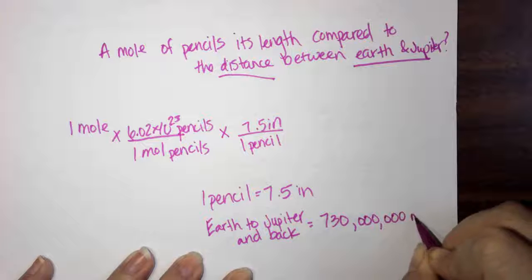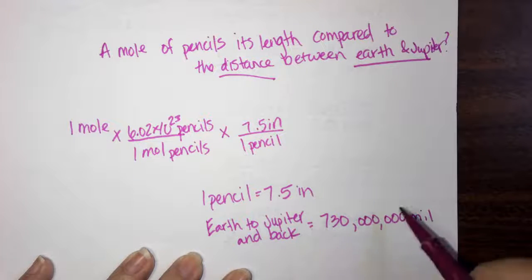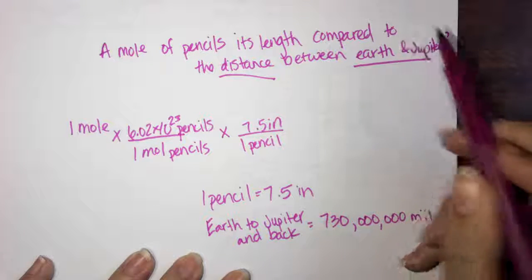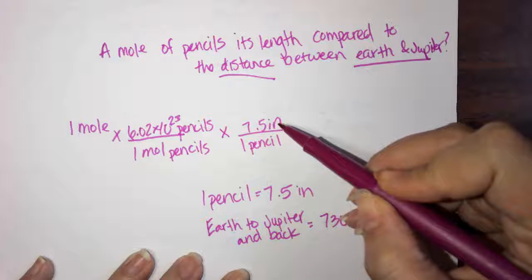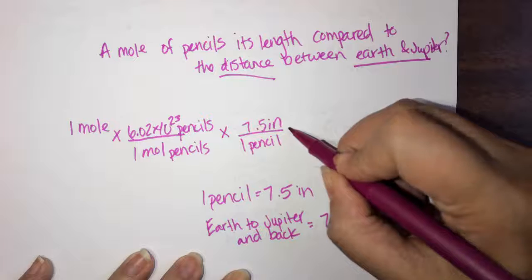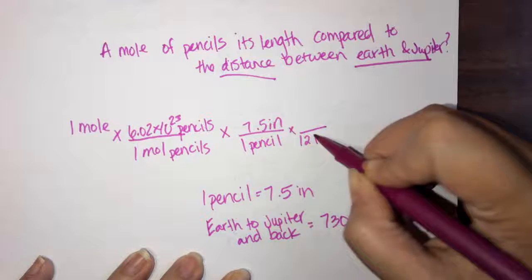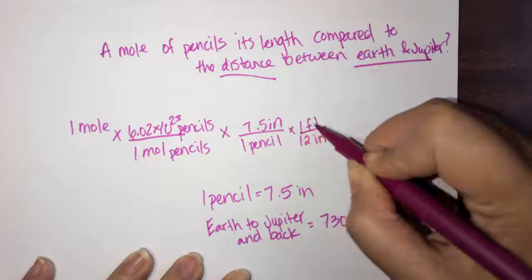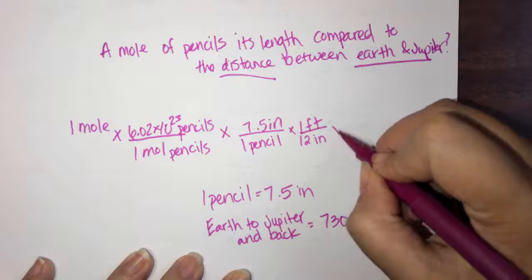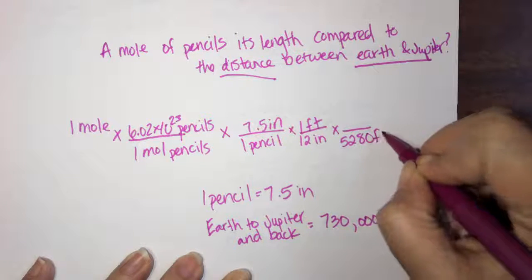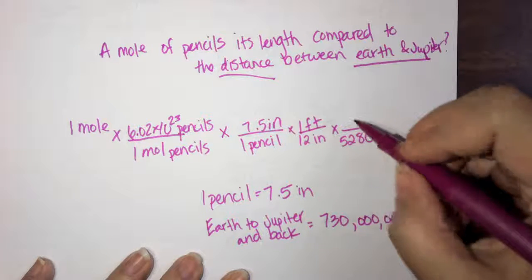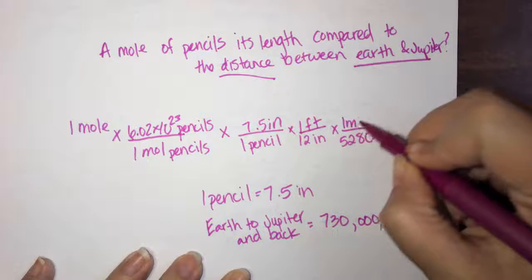So now we know that we are going to have to use miles to get to the unit Earth to Jupiter and back. So let's get to miles first. I know that there are 12 inches in 1 foot, and inches cancel out. I know there's 5,280 feet in 1 mile.